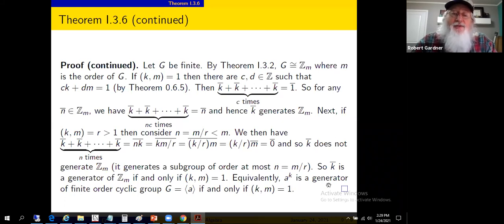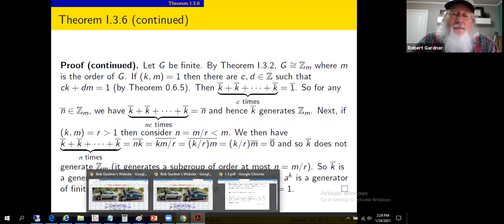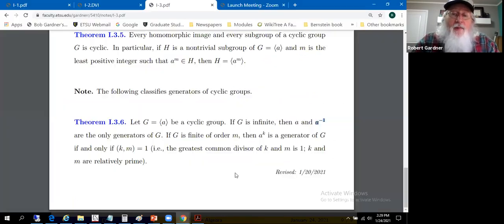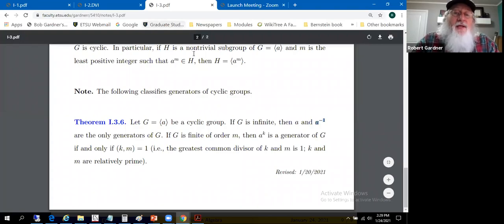A to the K is a generator of the finite group G generated by A if and only if that exponent and the order of this group are relatively prime. m was the order of this finite cyclic group. G is given there. So that simply takes this argument from Z sub m and describes it in terms of a group G generated by element A.